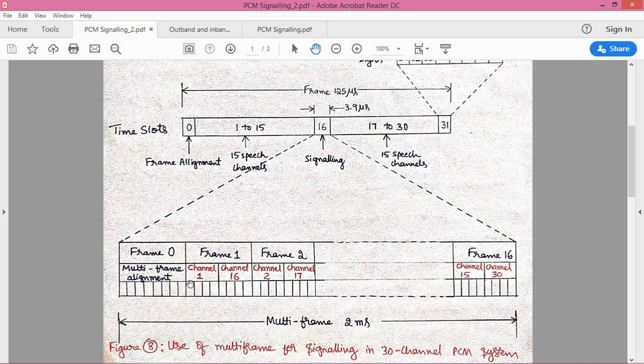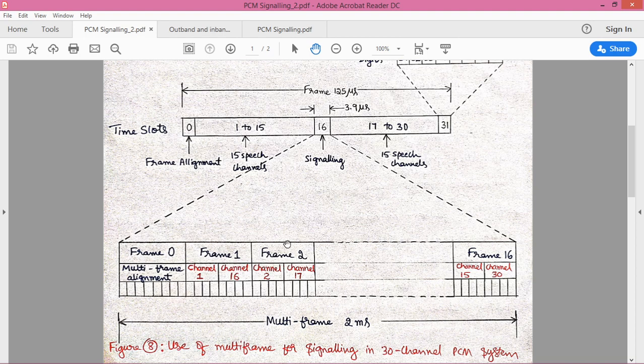Out of them, the first channel will be supported by frame 1, and the same frame also supports channel 16. 4 bits of these 8 bits will be used for controlling the data transfer, that is speech signal transfer, via channel 1. Similarly, the remaining 4 bits will be utilized for control of data transfer via channel 16. In the same way, channel 16 used for speech, if I consider here, it will be the 17th, like that.